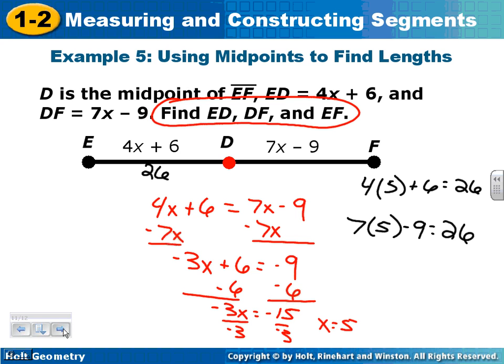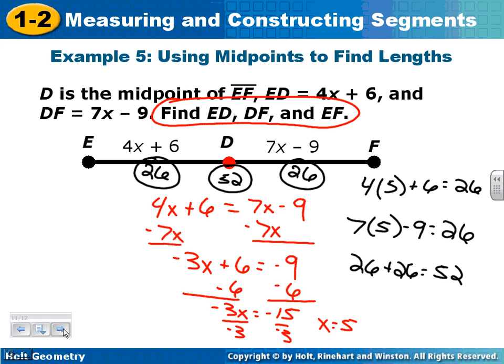That's also 26, and they will be equal because it's a midpoint. Then the whole thing from E to F is nothing more than 26 plus 26, which is 52. So my three answers are 26, 52, and 26.